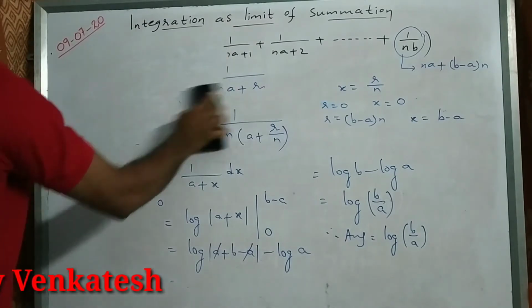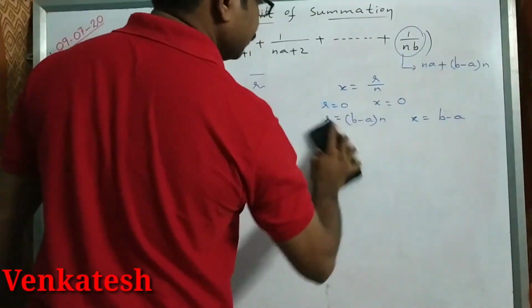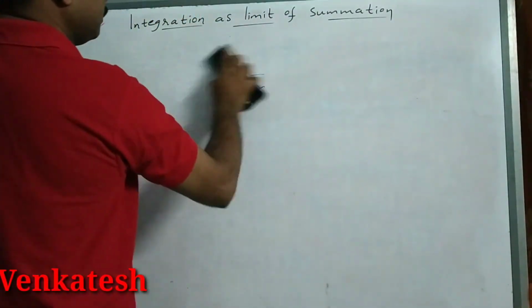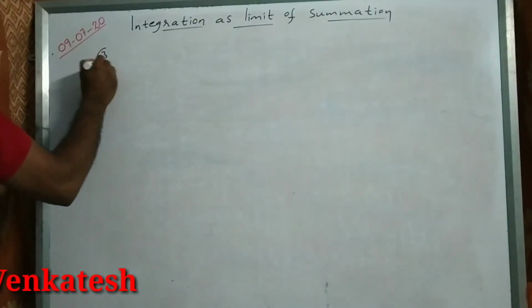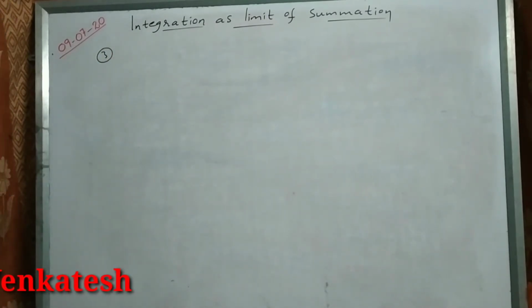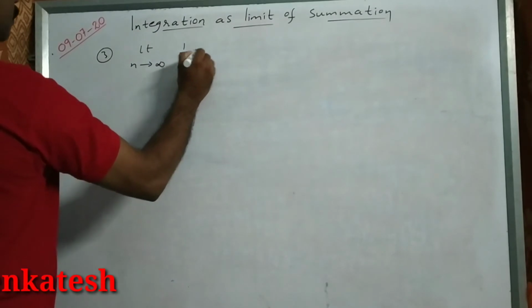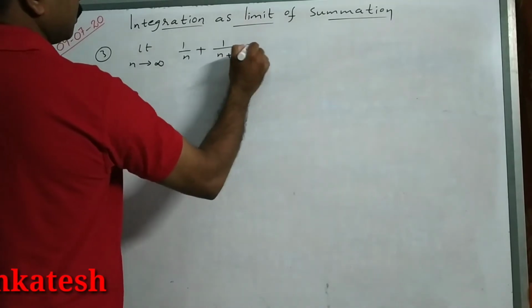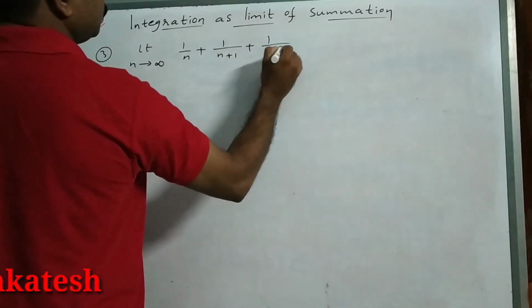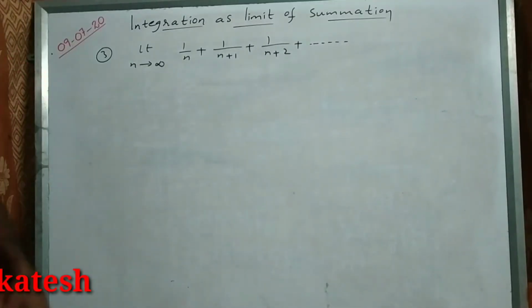Let us see one more problem. Third one. Limit n tends to infinity, 1 by n plus 1 by n plus 1, plus 1 by n plus 2, plus so on, plus 1 by 4n.